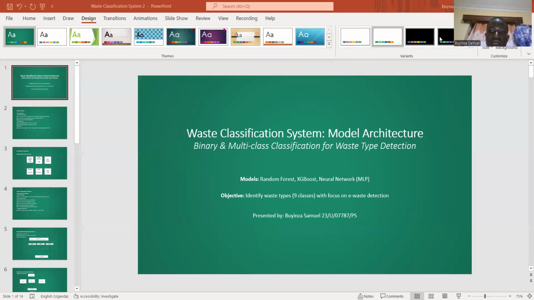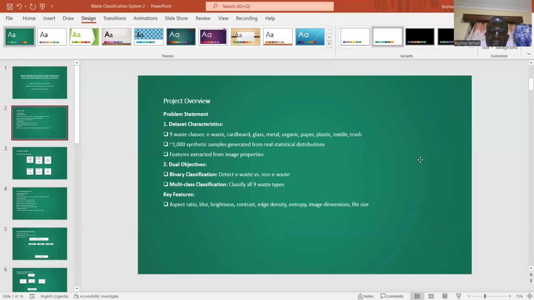Looking at the project overview, we have the problem statement, where we have our data characterized by 9 waste classes, that is e-waste, cardboard, then glass, metal, organic, then we also have paper, plastic, textile, and lastly we have trash.